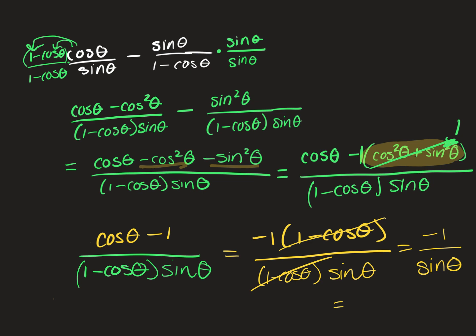Right, so 1 over sine is cosecant, so you just make it negative cosecant. Yes, it says on the paper. Negative 1 over sine, it's 1 over sine, but it's just negative, so then you just make it negative.